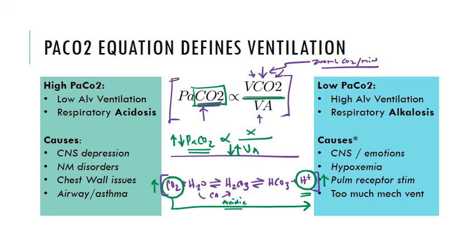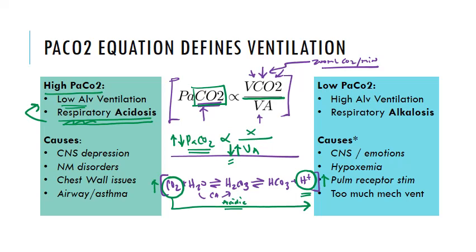So more carbon dioxide from less alveolar ventilation creates a respiratory acidosis. And respiratory acidosis, if it's respiratory, specifically has to do with low alveolar ventilation.